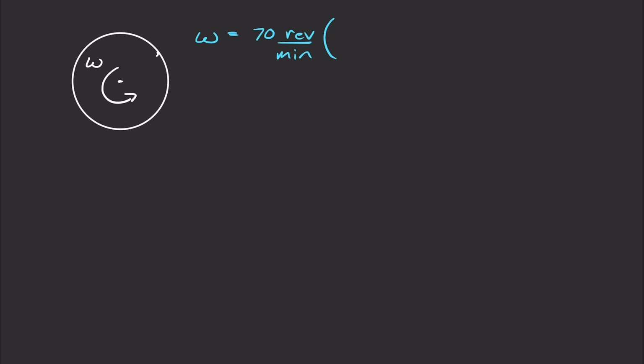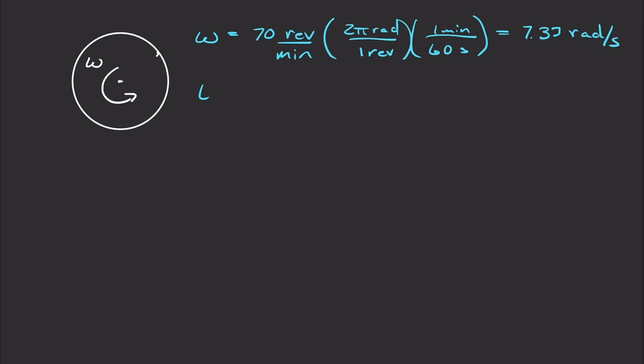I already know I'm probably going to need this in radians per second. So this is 2 pi radians for every 1 revolution, and 1 minute is 60 seconds, or 7.33 radians per second. And then my time was 3.8 seconds for it to reach this angular speed after it's turned on.